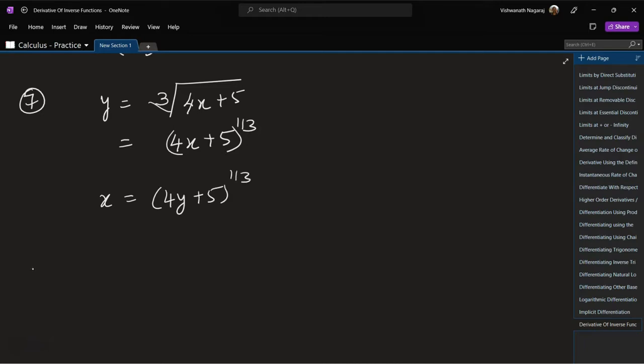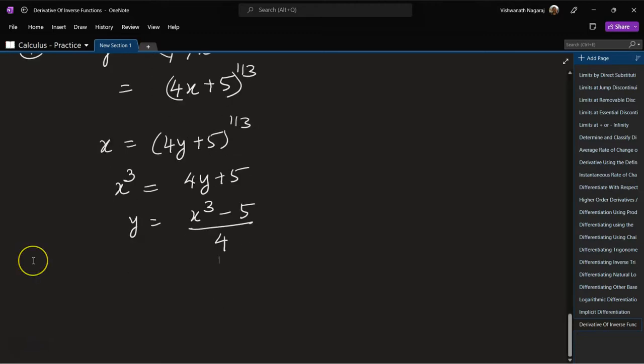Now we should write it in terms of y, because when the final solution comes, we will have to write it in terms of x. So this would be x cube is equal to 4y plus 5, which means y is equal to x cube minus 5 by 4.